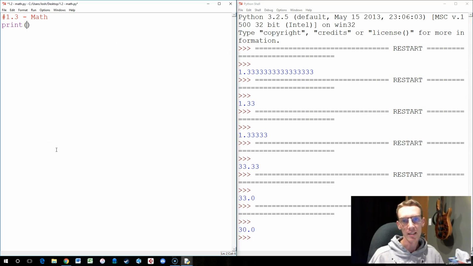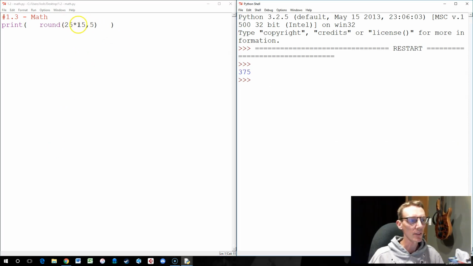So let's do one last example. Now what if we happen to have wanted to round this answer, let's say, to the nearest 10 rather than a decimal place? So this 5 means 5 decimal places. Well, if 2 means 2 decimal places and 1 means 1 decimal place, 0 would mean the nearest whole one, and -1 would mean the nearest 10.